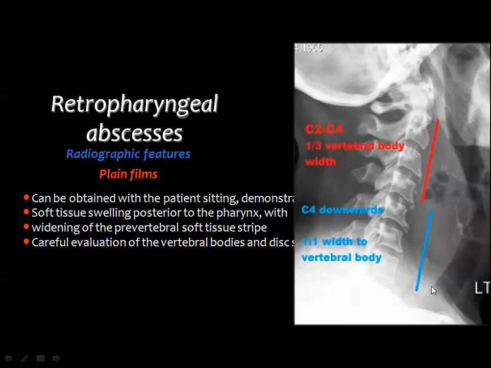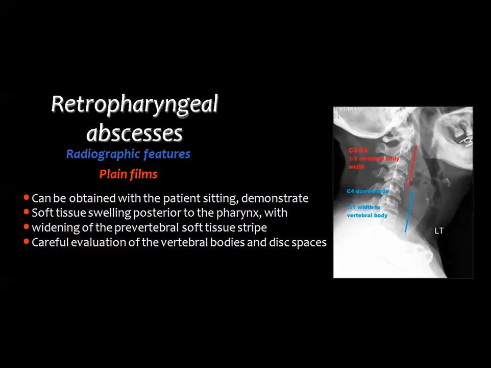Then in this particular example, you see a very big retropharyngeal soft tissue, which has increased the distance between the air in the pharynx and the cervical spine many times. And of course, you can easily appreciate the presence of air loculi, which are highly suggestive of an inflammatory lesion, especially an abscess.